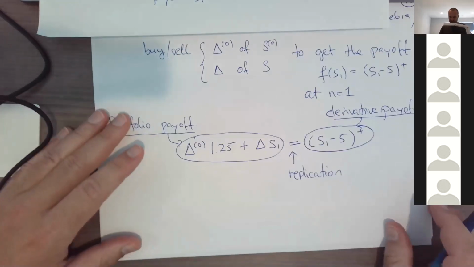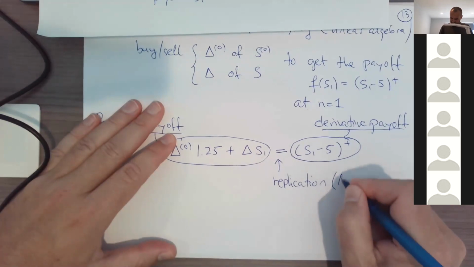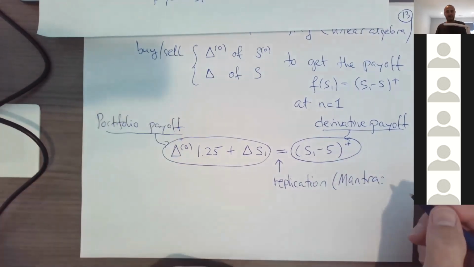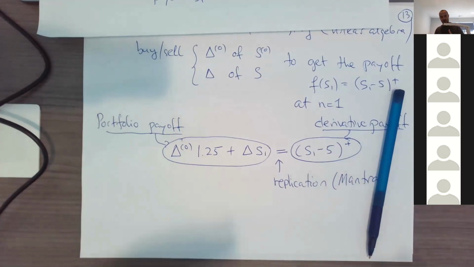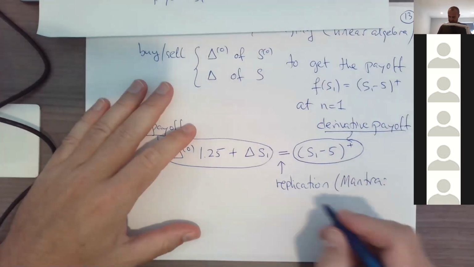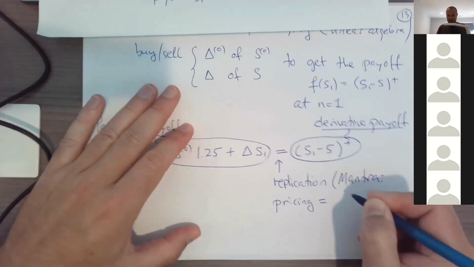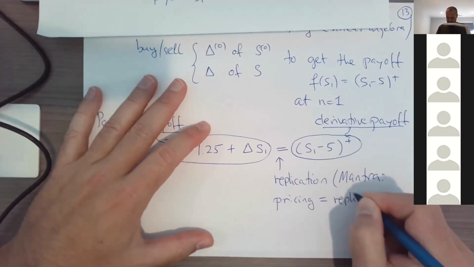And the mantra is, we all know what a mantra is. A mantra is like a rule of thumb, or a guideline, or something to keep in mind. The mantra is pricing equals replication.